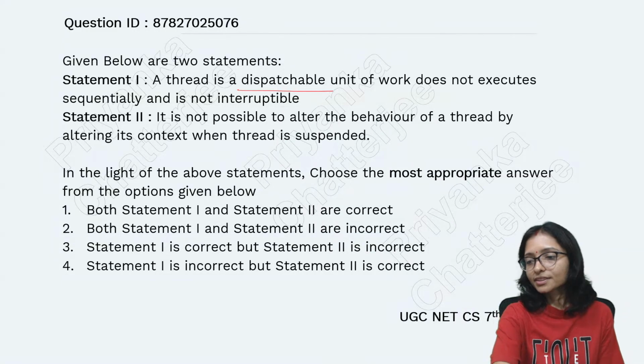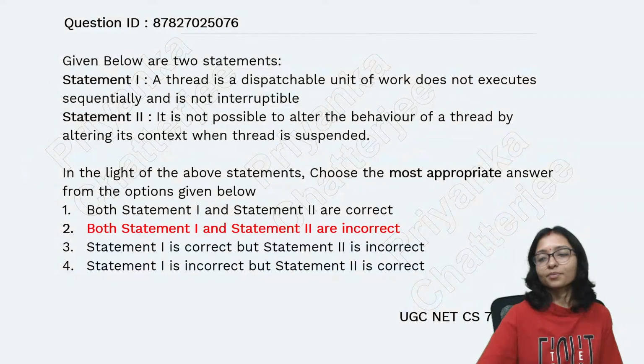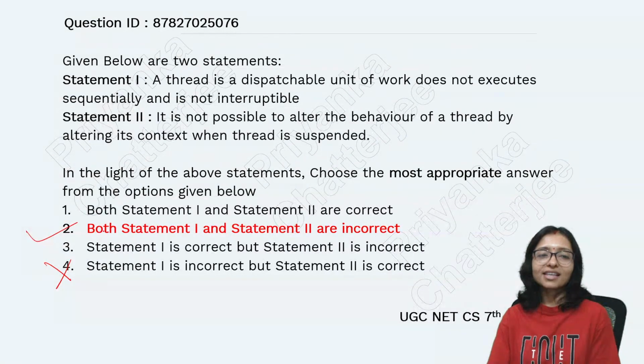Answer. Okay, most of you are giving option D as the correct answer, but it is wrong. Option D is wrong. Here this is the correct answer.